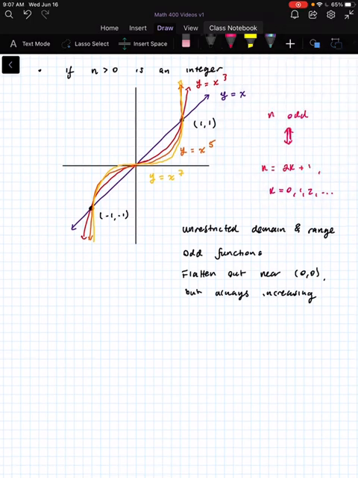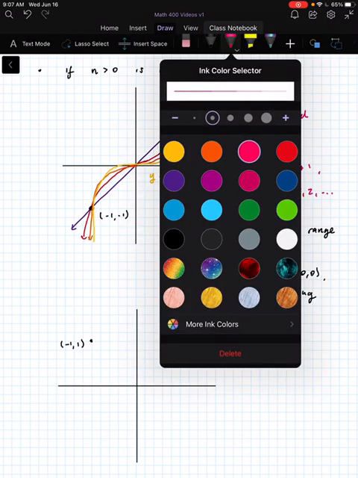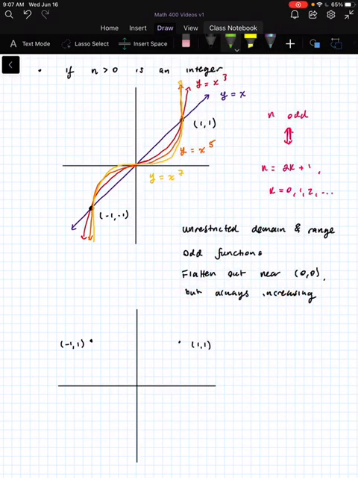Contrast that now with, don't mind that, sorry. I'm again going to label 2 points. And here we're going to be talking about power functions that have even powers.